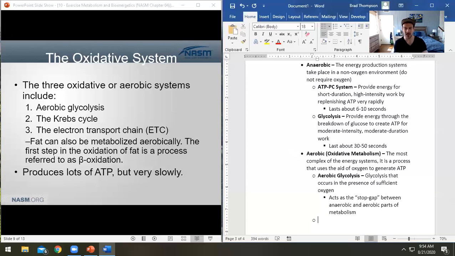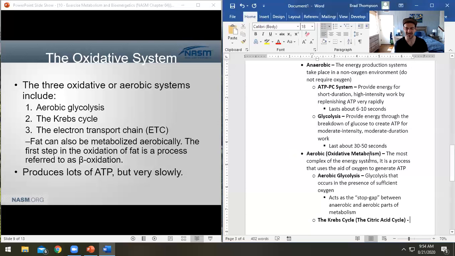Then we've got the Krebs cycle, or the citric acid cycle, sometimes referred to as the lactic acid cycle. It's got a million different names.